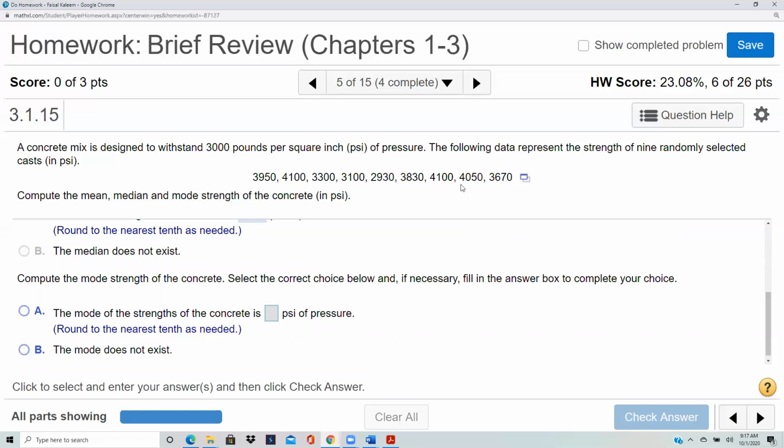Do you see any mode here? Let's see. It looks like the 4100. Right, there are two of them.